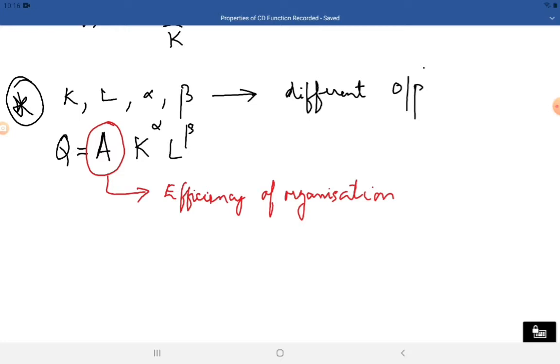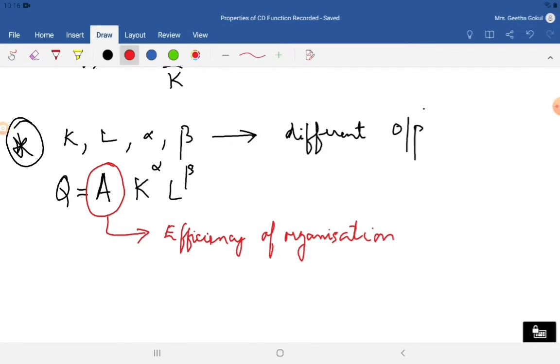So the importance of the CD function, or the reason it is so popular, is simply because the Cobb-Douglas production function is in keeping with the marginal productivity theory of distribution, which says that each factor is paid according to the marginal product, value of the marginal product.